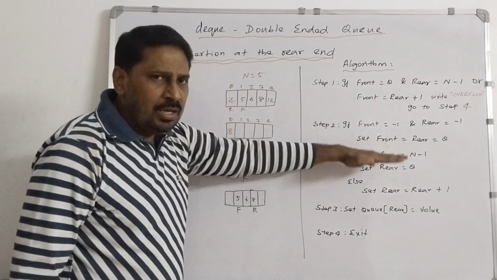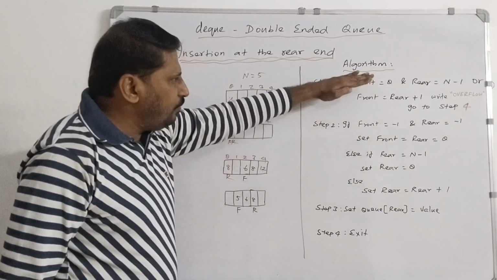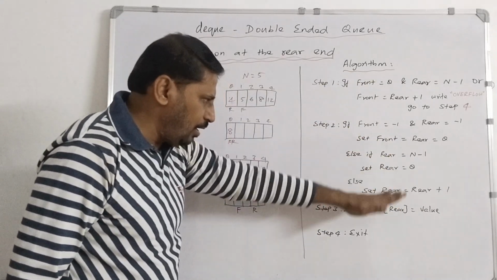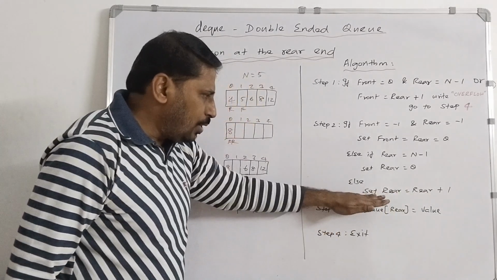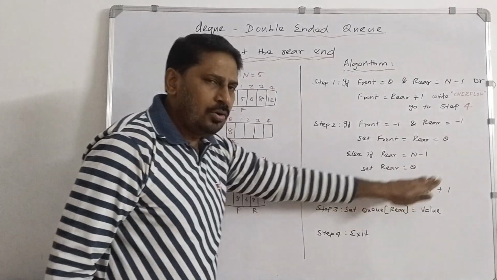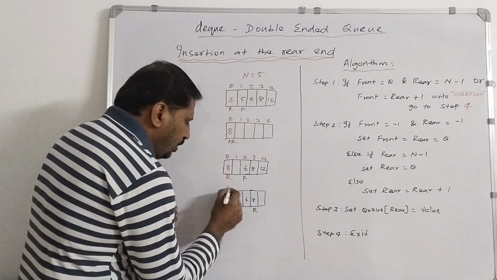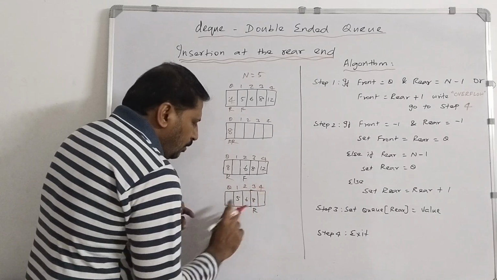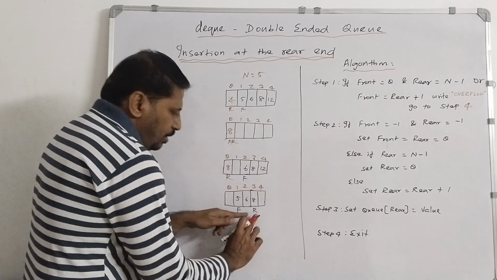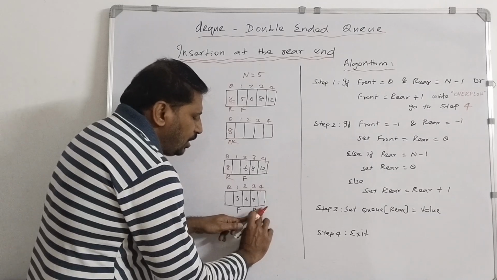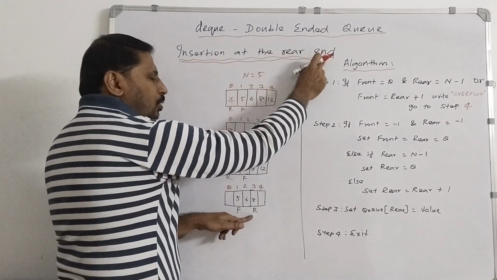So this is the next condition. What is the other condition? If these conditions are not satisfied, we come to the final stage. This is the usual process: set rear equal to rear plus 1. Suppose front is in the first position and rear is in the third position, 0, 1, 2, 3, 4. I want to increment rear by 1 because I am going to insert the element according to the rear end.